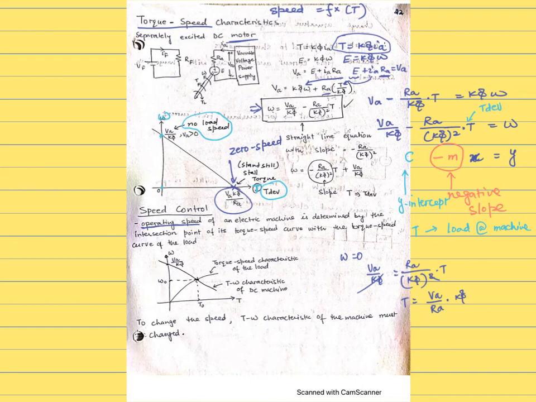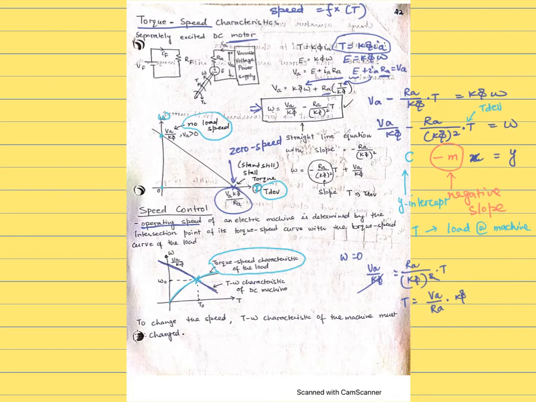Here are the characteristics of the machine. Which speed will it run at? That's decided by the intersecting point of the load characteristics and the machine's characteristics. The torque speed characteristics of the load is dictated by the application.